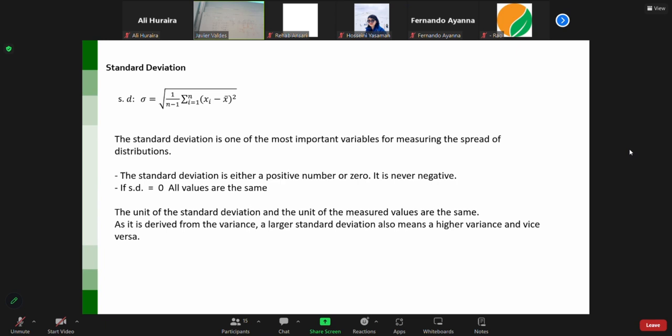Why 1 divided by n? Because what I do is I take the deviation, the sum of the squares, the overall deviation for the whole thing. And then I compute what is the part of that deviation for each one of the individuals in my sample. Do you understand?